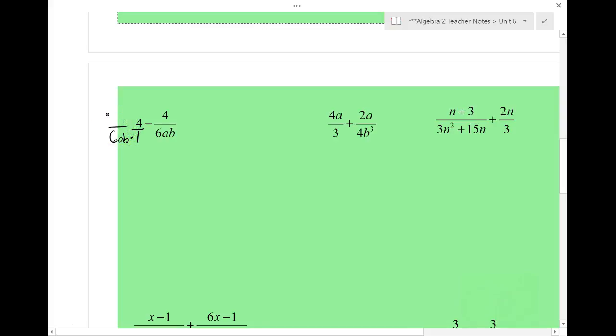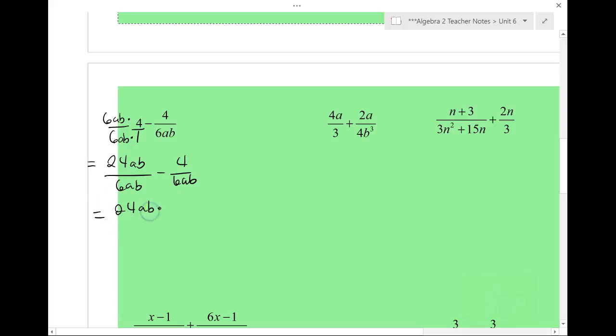And if I do it to the bottom, I also have to do it to the top. And now let's rewrite our expression. 6 times 4ab over 6ab minus 4 over 6ab. Now I can add the numerators.